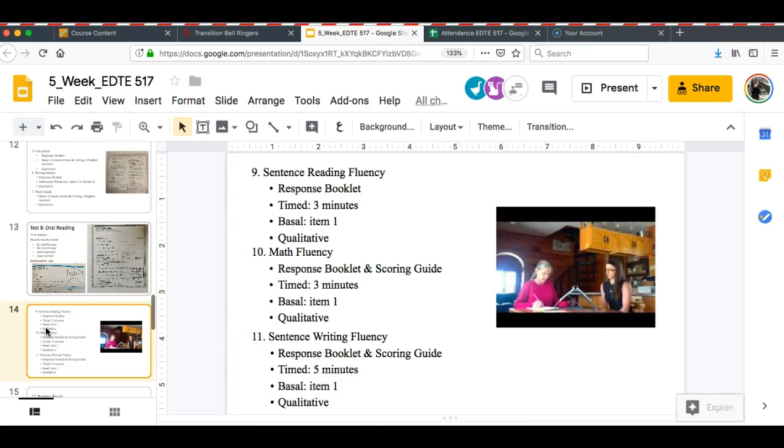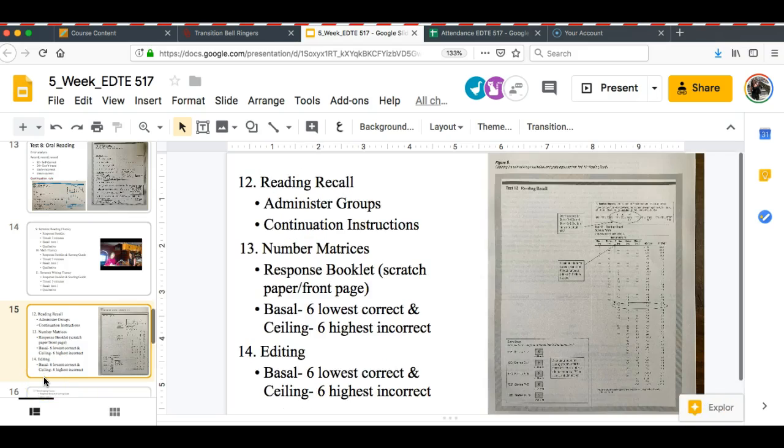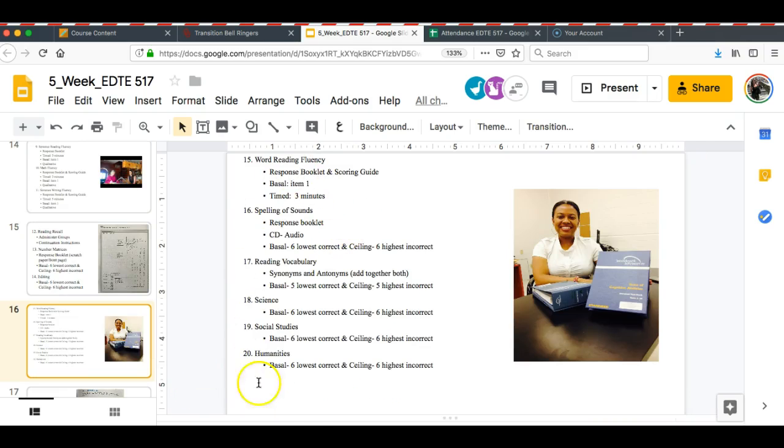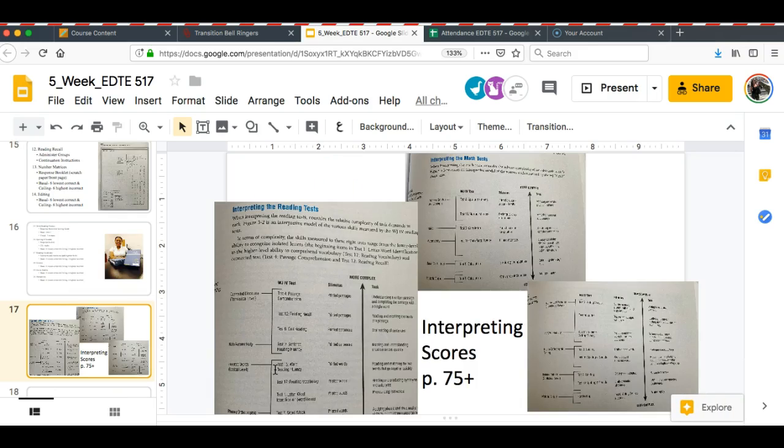We've got the basal and the qualitative analysis. I'm sorry about the noise in the background. Anyway, we did the reading, the number matrices, and the editing, and then we had the extended practice.